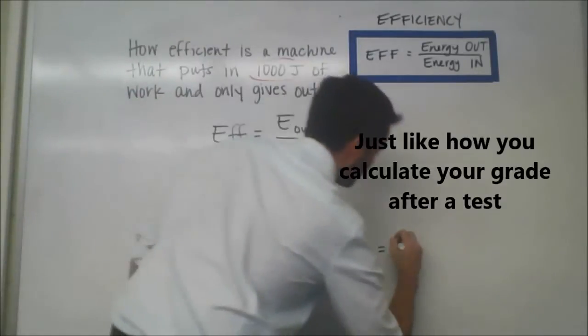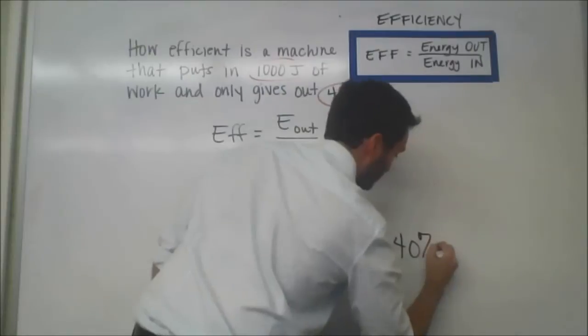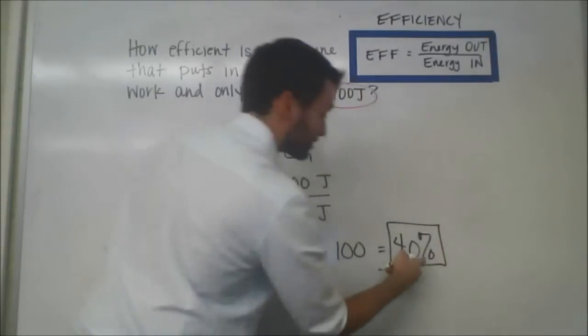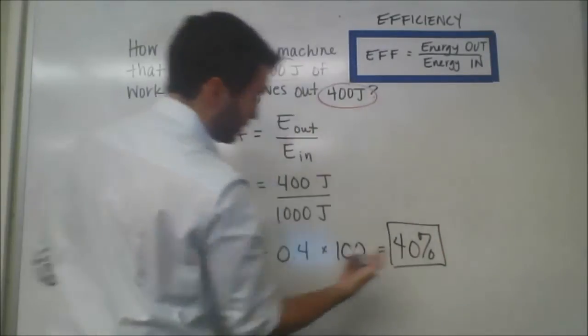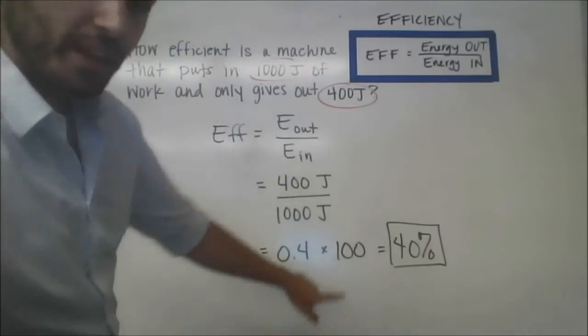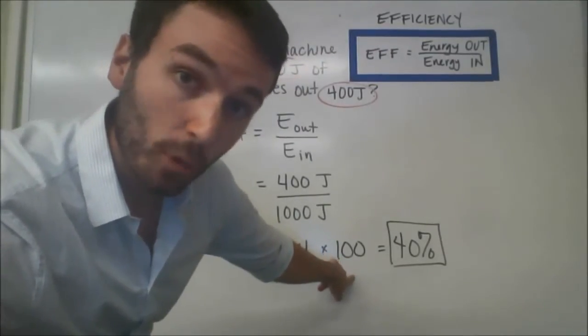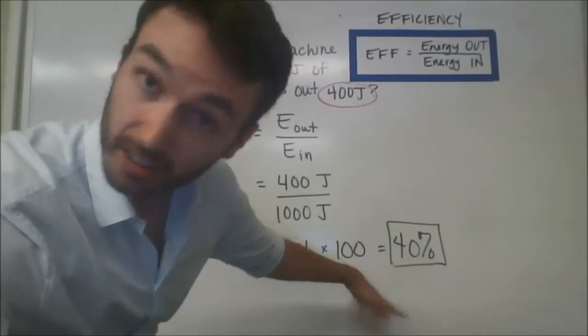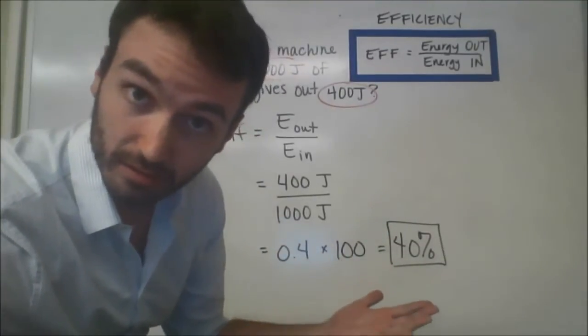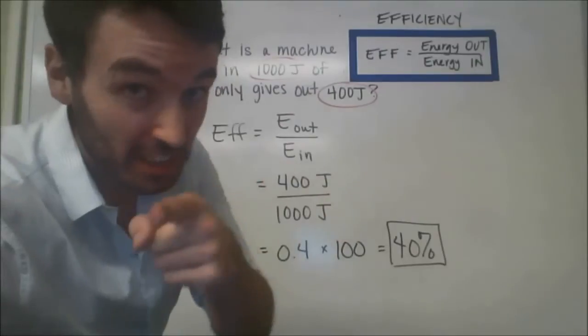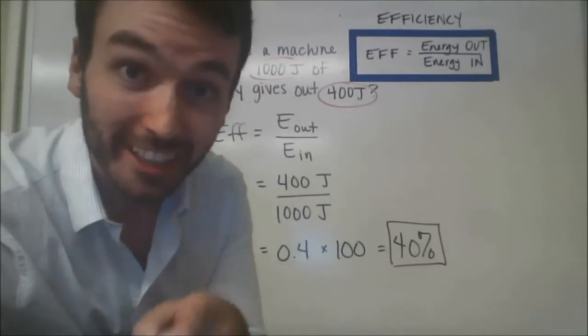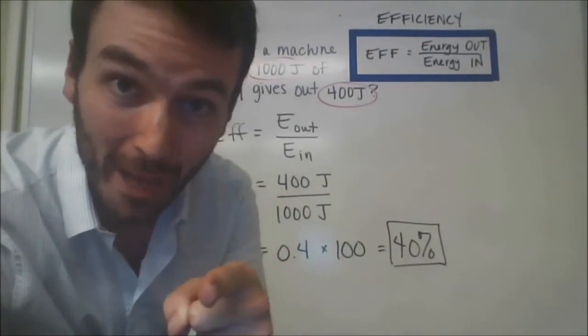That's right, 40%. That's the unit. The unit for efficiency is percent. So, what this answer is telling us is that this machine is only 40% efficient. Does that sound very efficient to you? It's iffy. All right? Congratulations. That's the last calculation. Give yourself a pat on the back.